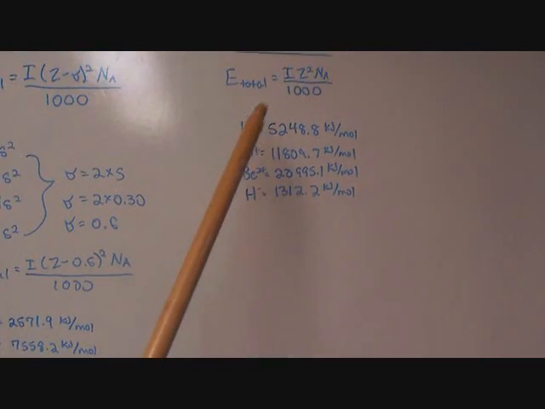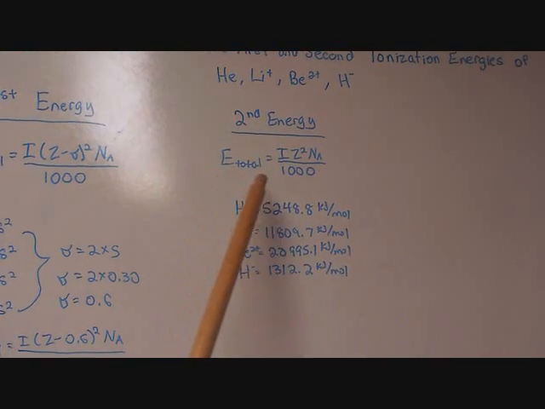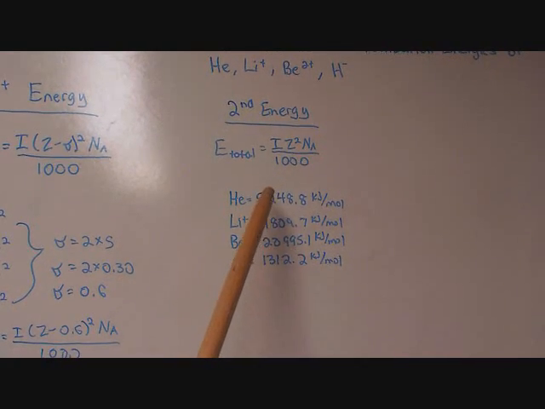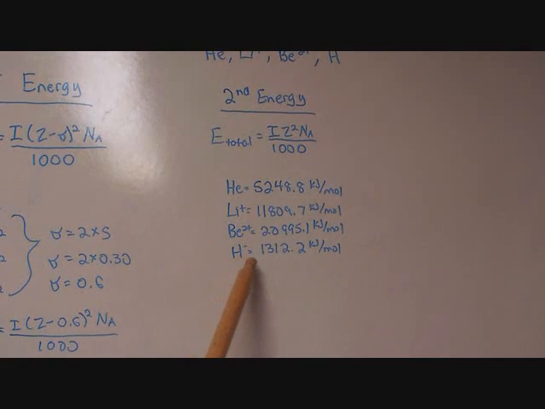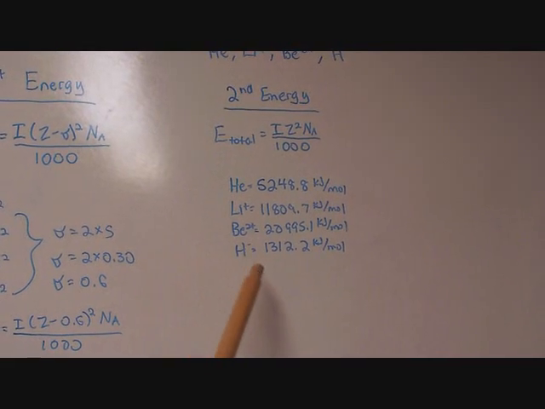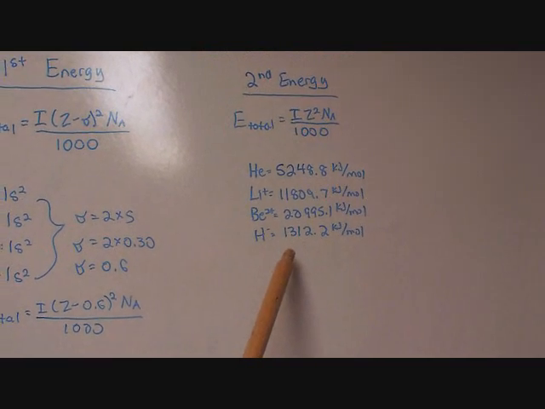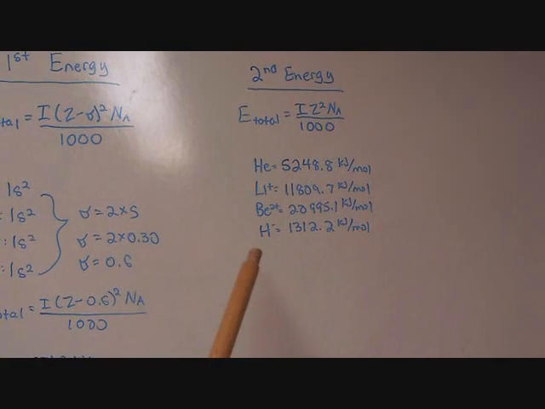Now for the second ionization energy, we can use the simpler equation that we solved for previously, and all we have to do is substitute in the nuclear charge for each of these atoms, and this gives us the second ionization energies for each respective atom. And these values that we solved here were within 5% of the accepted ionization energies for each of these atoms.